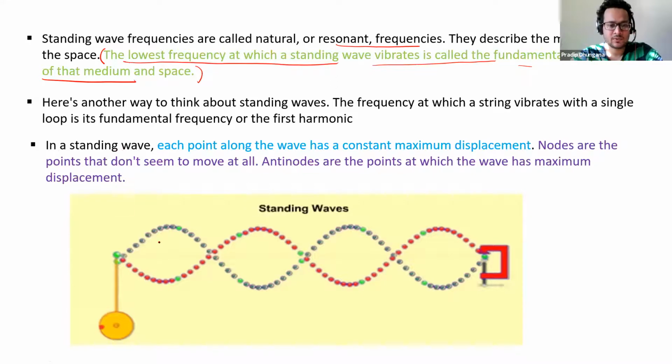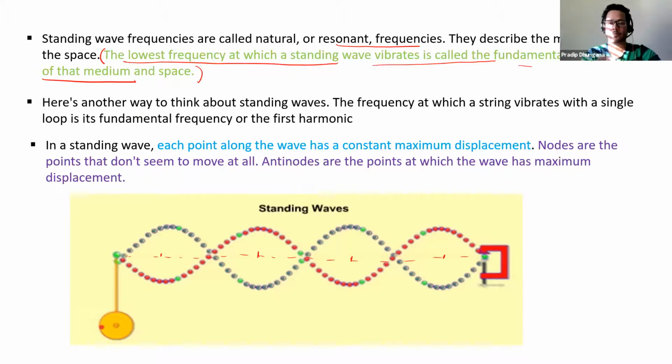In a standing wave, each point along the wave has a constant maximum displacement. Let us make one straight line here. At this point we have maximum displacement, here we have maximum displacement. Nodes are the points that don't seem to move at all, the points where the displacement is zero, or minimums.